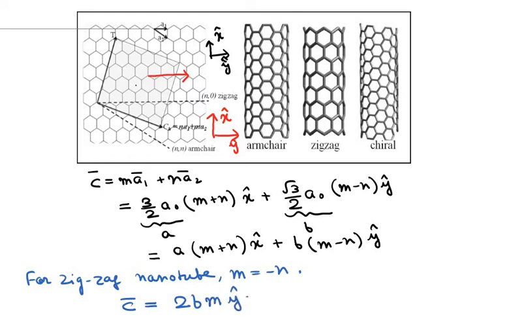And c dot k is basically given by 2bm ky. Now for the wave vector to exist inside the nanotube, this dot product should be equal to an integer multiple of 2 pi. So 2 pi times v, where v is an integer.